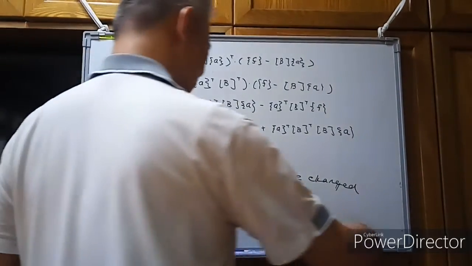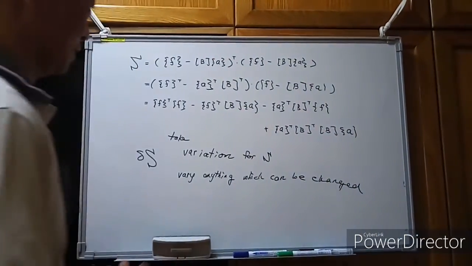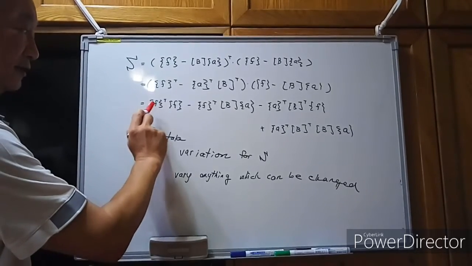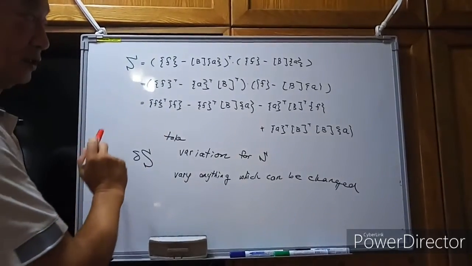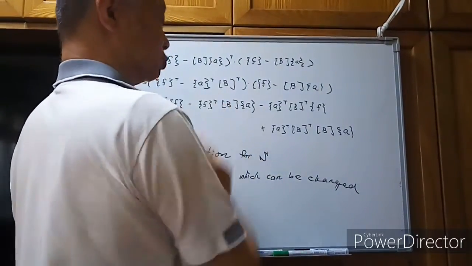If we check the target, the capital S, you will find we cannot change anything in the F vector, and also we cannot change anything in the B matrix.